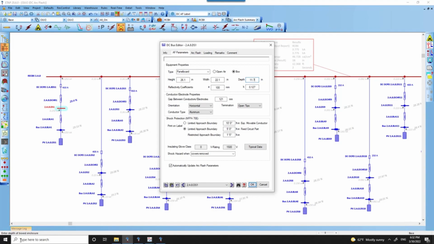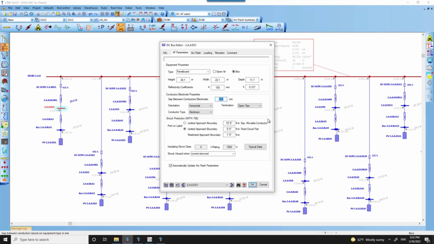So we were trying to come up with these numbers so that we choose the gap between the electrodes and conductors in such a way that it is not longer than the width of the enclosure, but at the same time, it's the right gap value that was selected in such a way that it is going to give us the highest and the worst conservative incident energy.